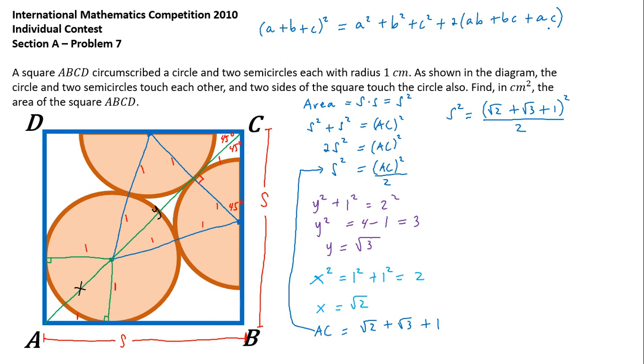Okay, so if we take a as square root of 2, b square root of 3, and c 1, we can just have square root of 2 squared, square root of 3 squared, 1 squared, and then 2 times a times b. A times b is square root of 2 times square root of 3, plus bc, square root of 3 times 1, ac, square root of 2 times 1.